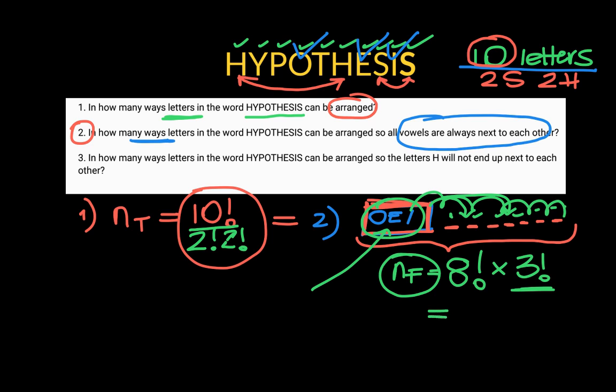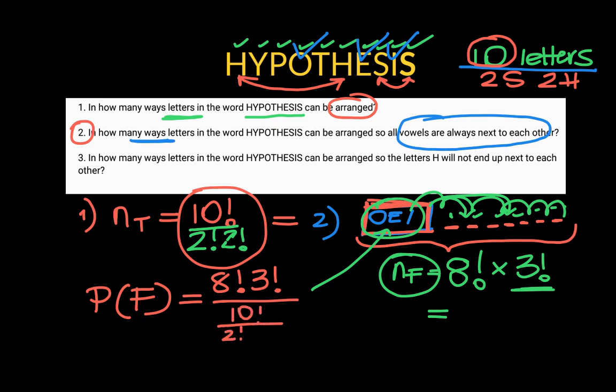So if the question for us in the test or exam is, what's the probability that all the vowels are together, then it will be my favorable event divided by the total number of possible events.